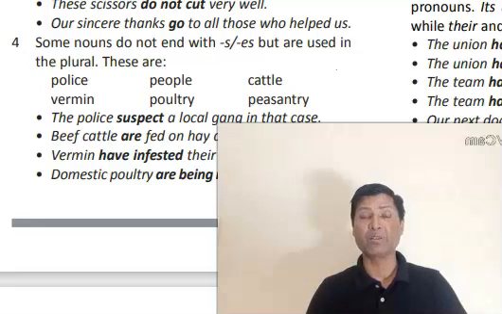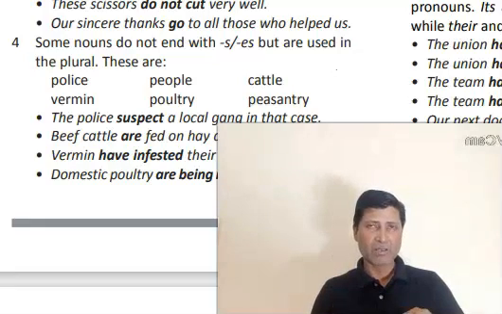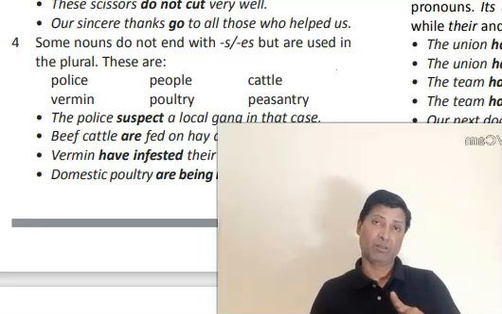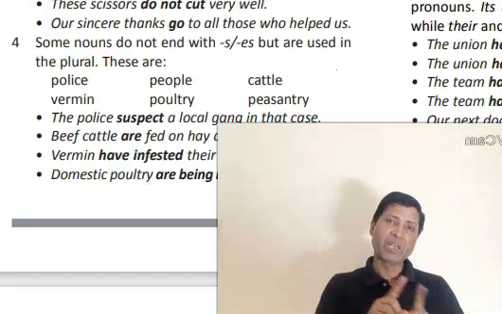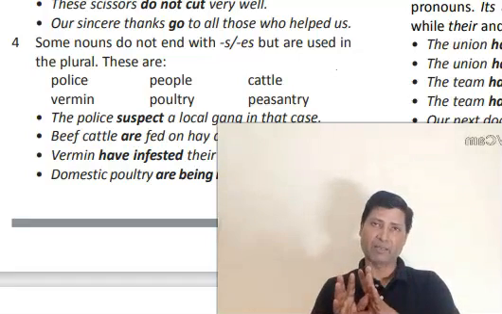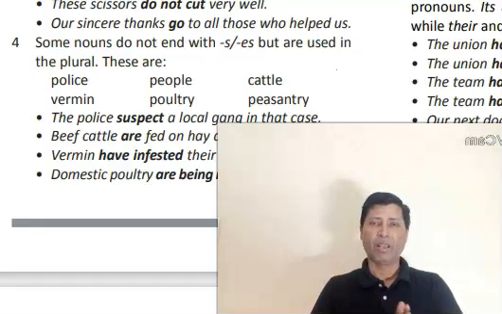And when you are using peoples, you attach S. Then people as singular will mean men and women, and peoples with S will mean a country, a nation. So in some cases, the meaning of the noun will change, and in some cases, it will become wrong. So be very careful. Now moving on to the next rule.